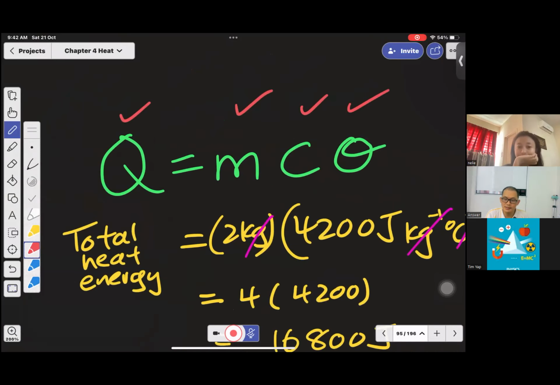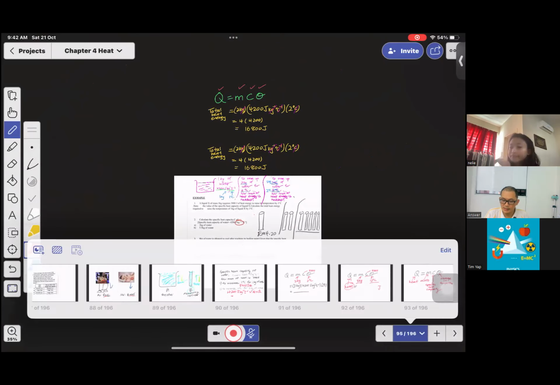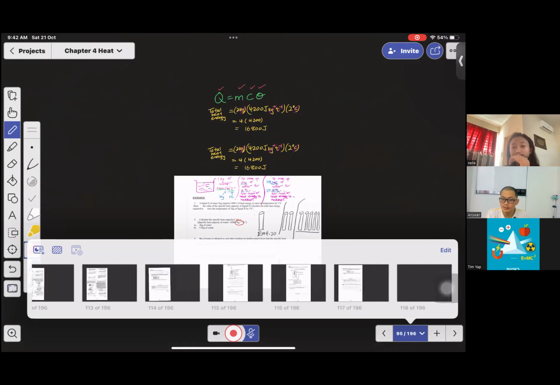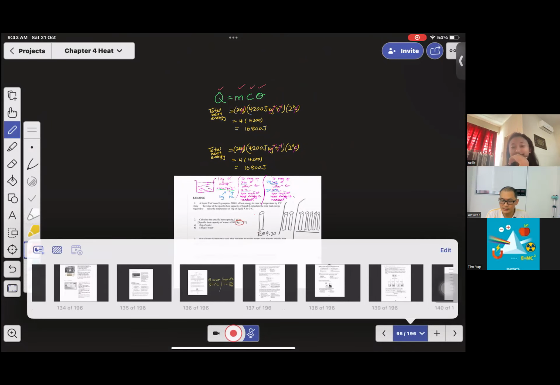So how to remember this? I always tell my students, QMC theta means you queue up in McDonald's to buy burger. QMC burger. So theta looks like a burger, right?